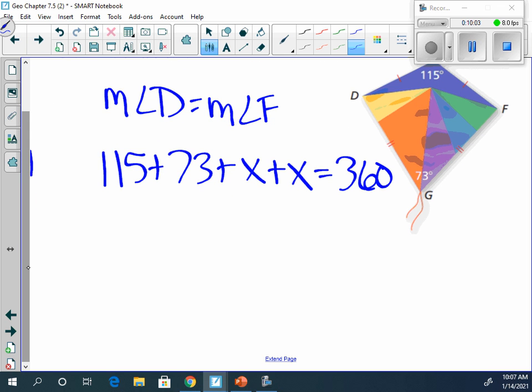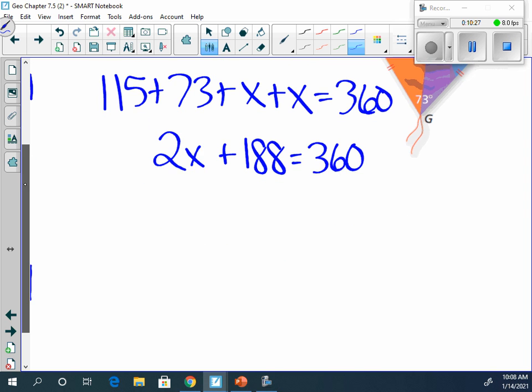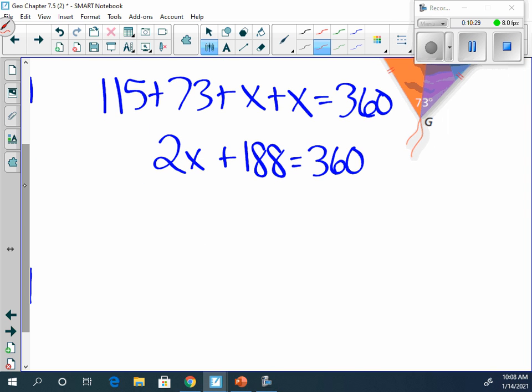So if I can combine my like terms, well, x plus x is 2x plus. So 73 and 115 would be 188. And our next step would be to subtract 188 from 360.